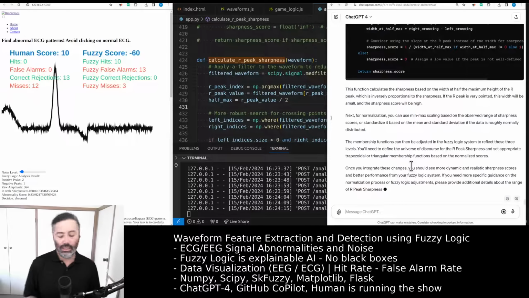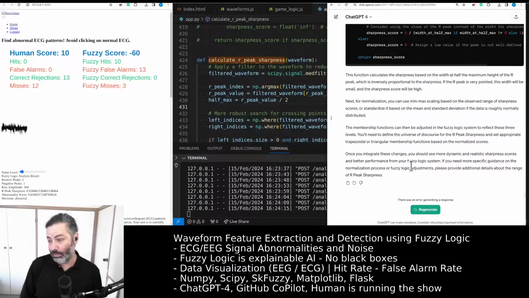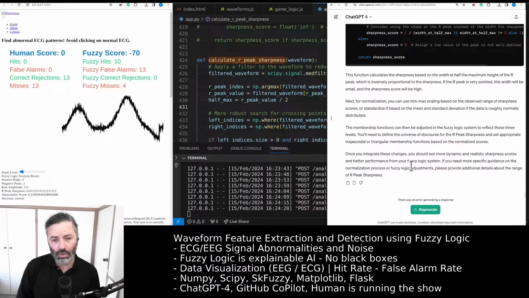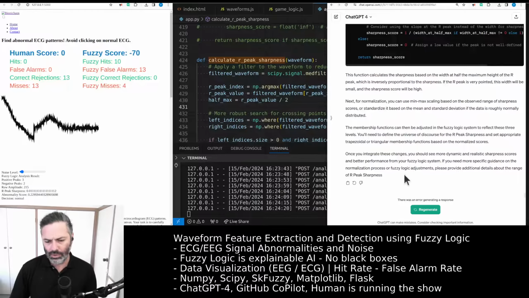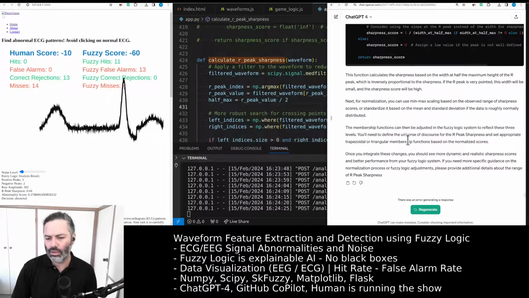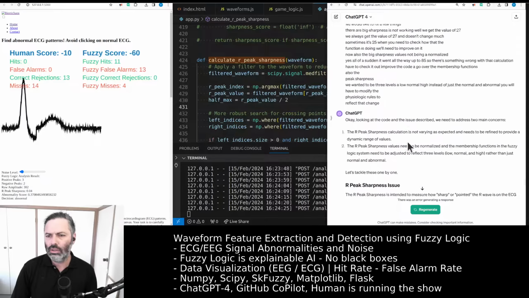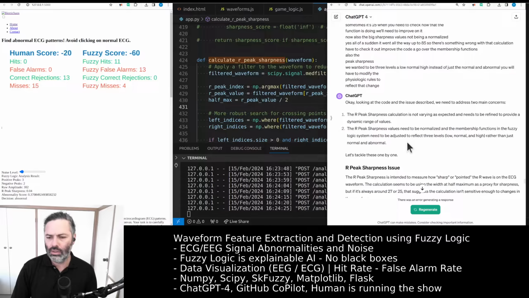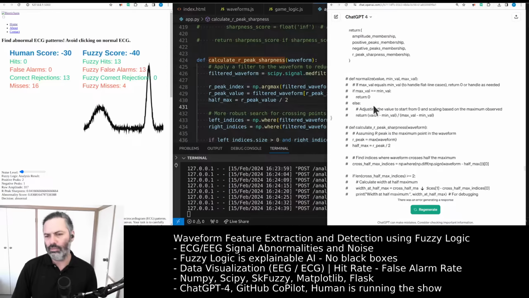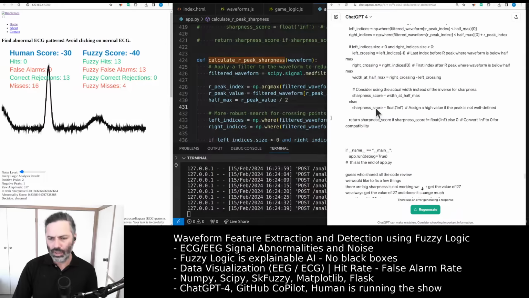Yeah, I was saying GPT-4 is better in this case because we're doing more general stuff. We can edit the last prompt as well.